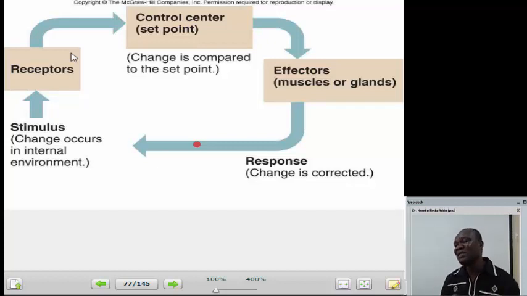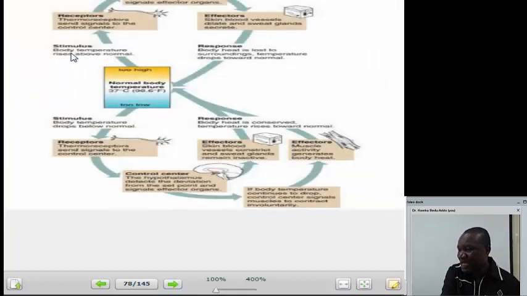Now the information that the integrating center receives is compared to the set point of the various variables. If there is a deviation, an output is generated and sent to the effector. Then the effector will generate the appropriate responses to correct the change. Now, I'll use this to explain this process further.